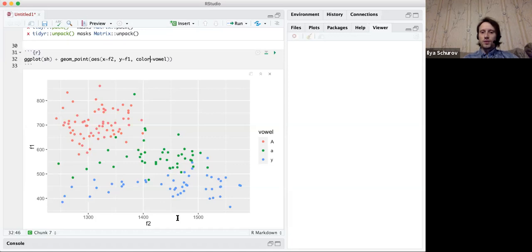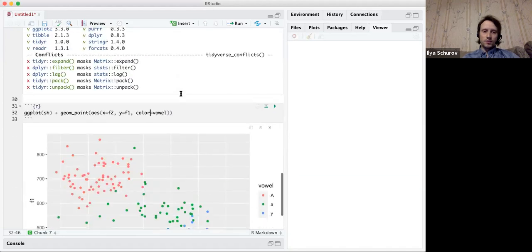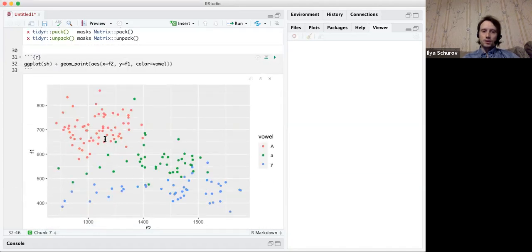If, for example, I consider only vowels of type R capital. Yes, at least we see that before we created these colors, we clearly saw that there is negative relation because the picture looks like this one.